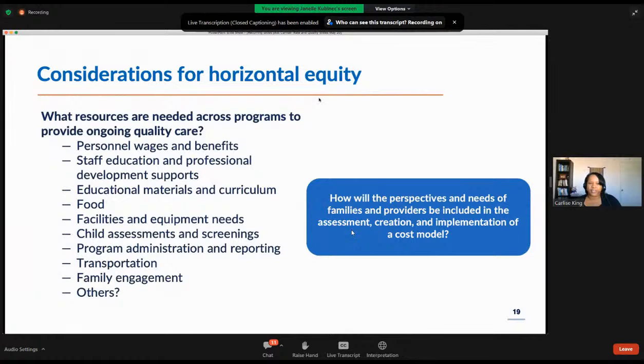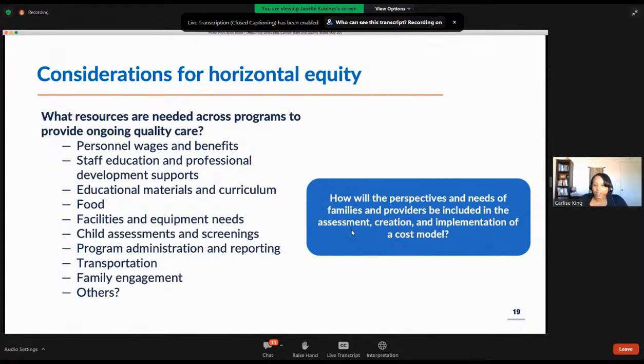Thinking about the current standards we've reviewed and the work group's goal to develop recommendations for a base, what resources are needed to support programs to provide ongoing quality? Regardless of what the standards are, there are certain things that any program is going to need in order to implement those.